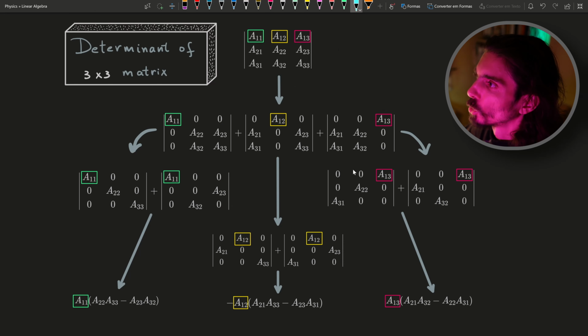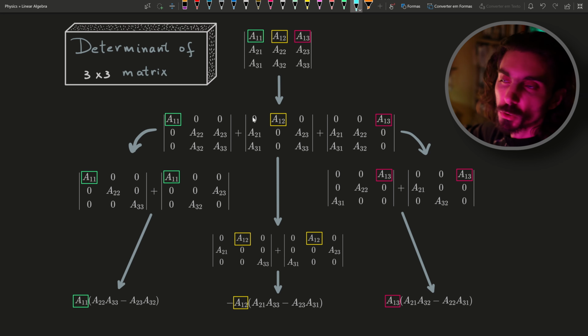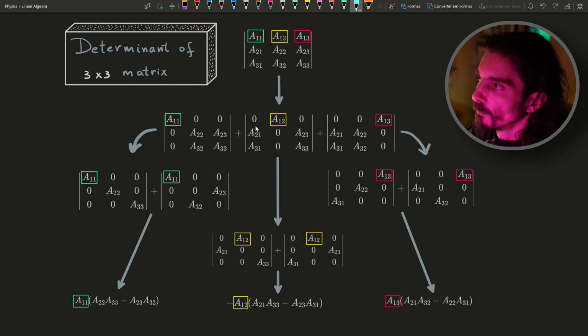Well, you just repeat the process now for the second one. After putting zeros along the first row and the corresponding columns, now you just focus on the second row. Pick this entry, put zeros here and here, only a33 survives. And finally choose the other, a23.